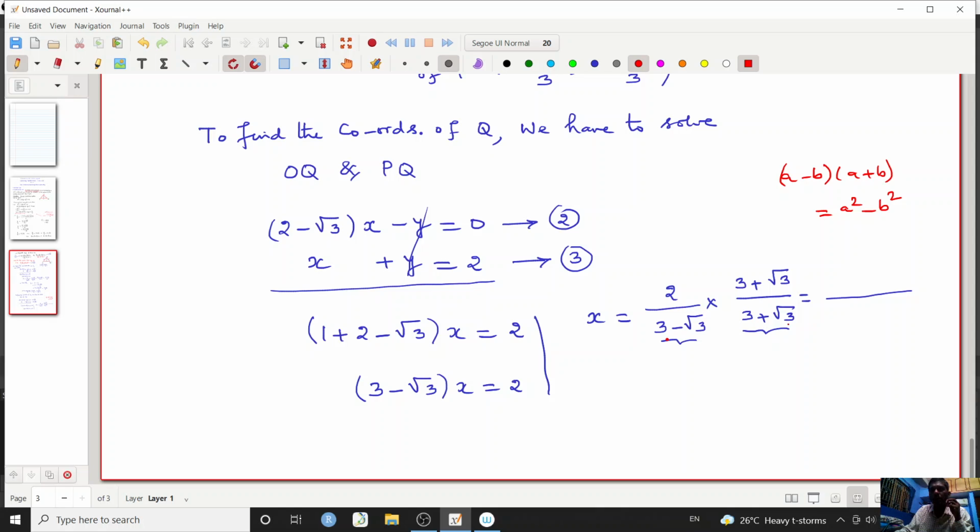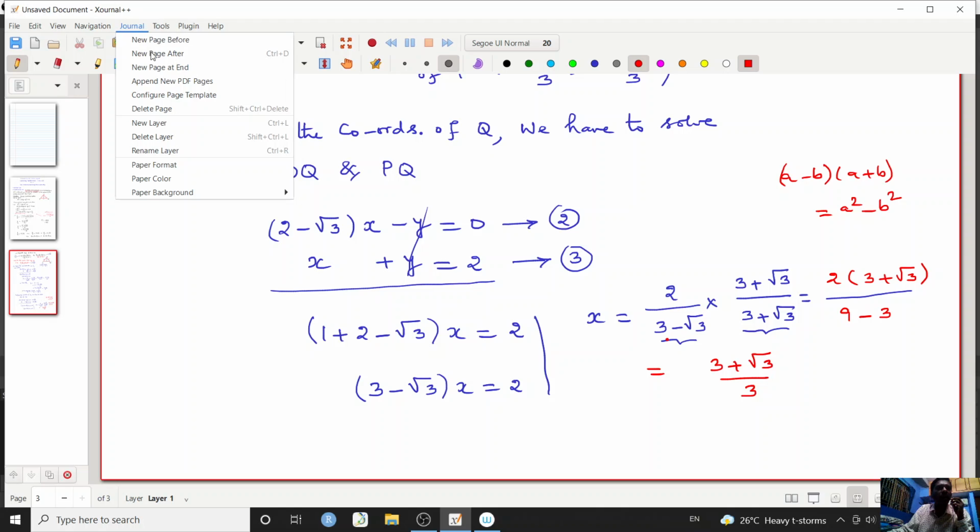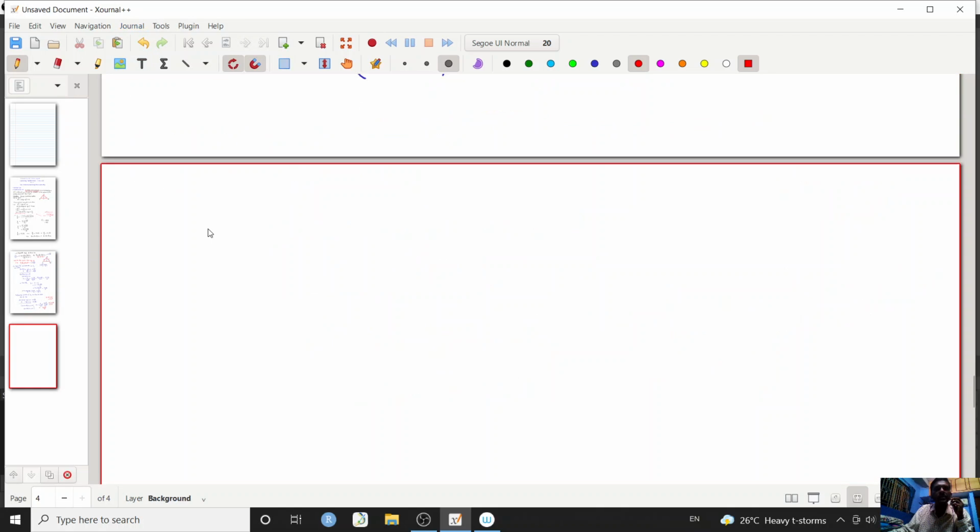So this is 3 square, which is 9, minus 3, and what you will get in the numerator is 2 times 3 plus root 3. Here it is going to be 6, that gets cancelled with 2. So what you will get is 3 plus root 3 by 3. So this is the x coordinate.